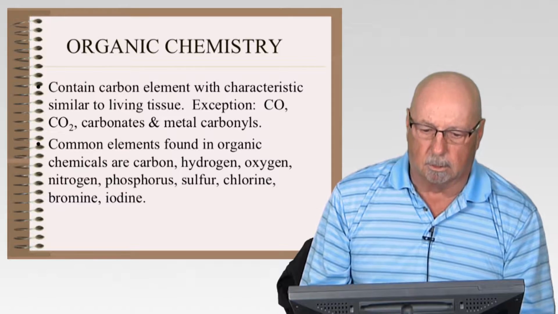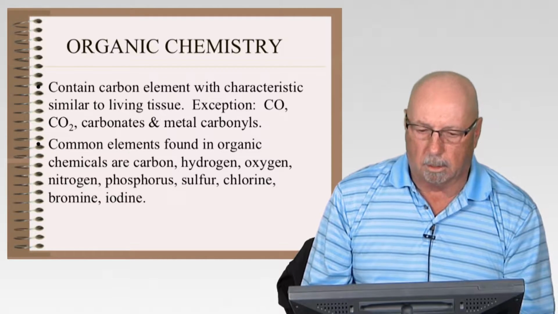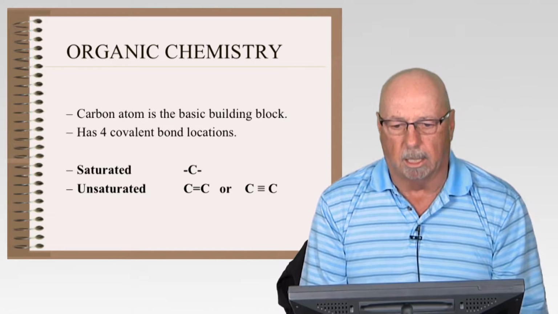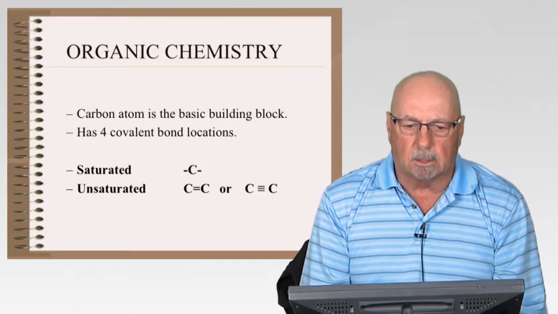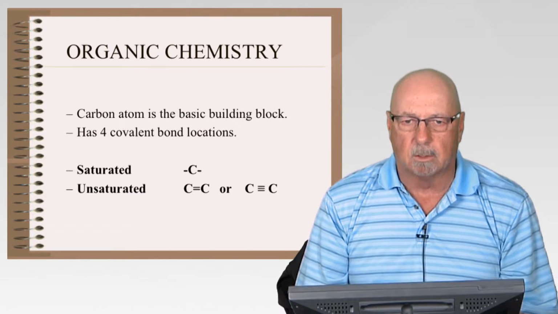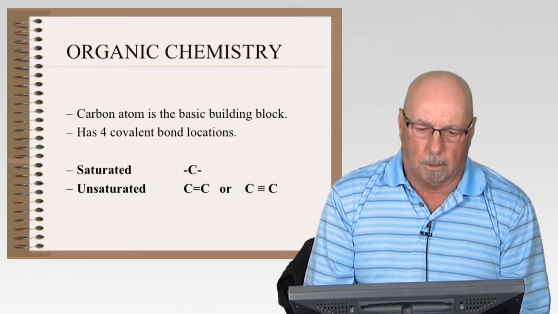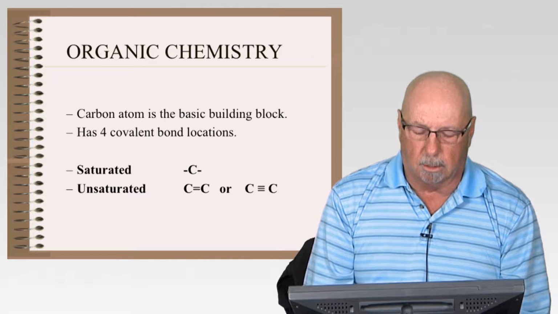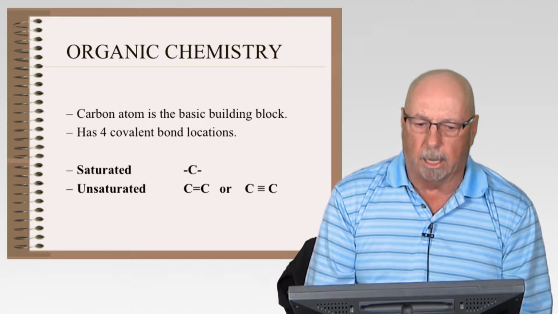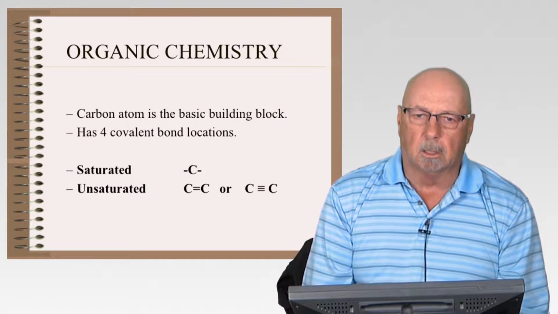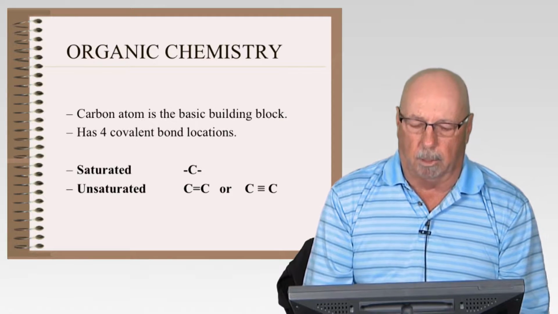Those are the classical elements that can be used to form some of our organic chemicals. Since there are literally thousands of organic chemicals, we want to take a more detailed look into the actual chemistry of these organic compounds. And it's all going to start with the basic carbon element.